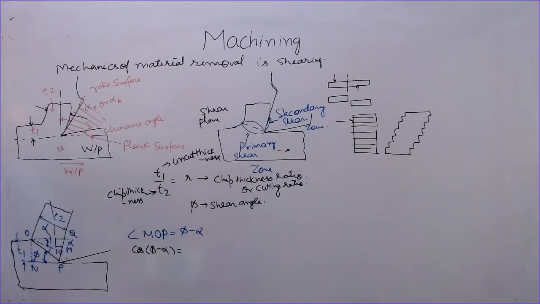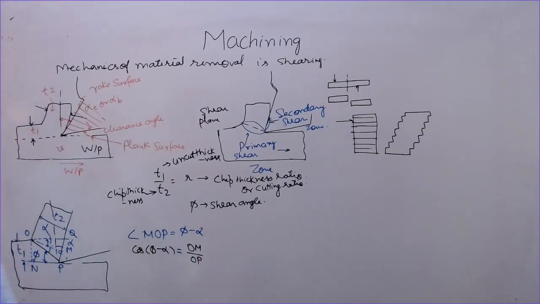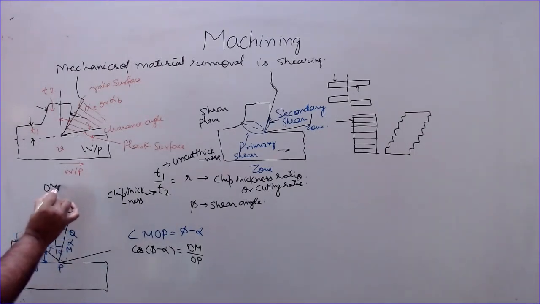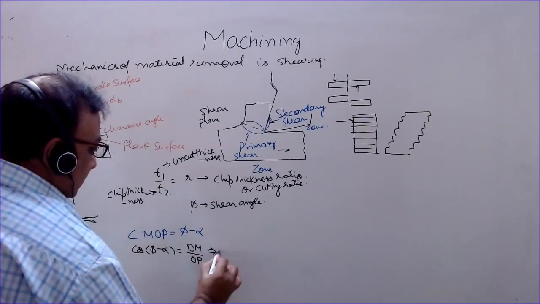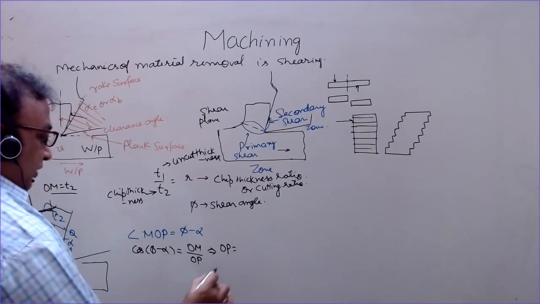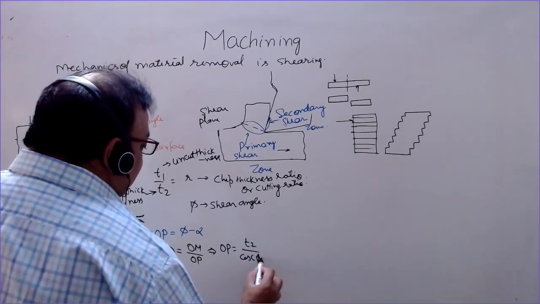So base is OM divided by hypotenuse OP. OM is nothing but the chip thickness T2. So you can write OP is equal to T2 by cos of phi minus alpha.